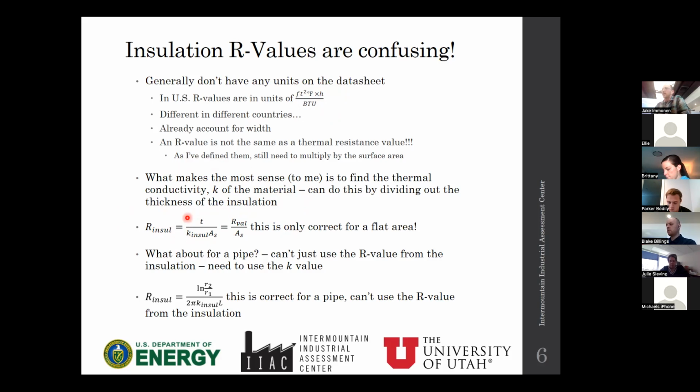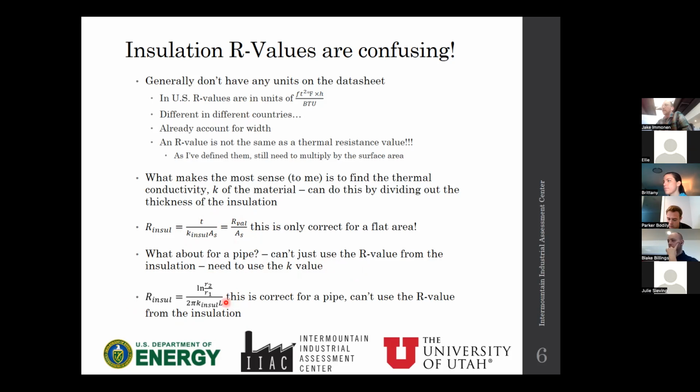So if you have just a wall, your R value is just going to be the thickness of your insulation divided by your K value of insulation. So that is the R value that's reported on like the insulation data sheet. But for a pipe, that's not the case.